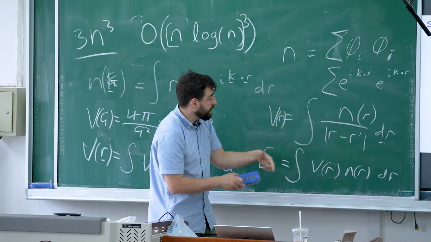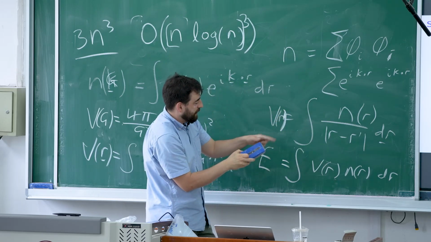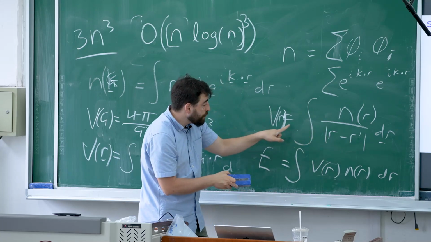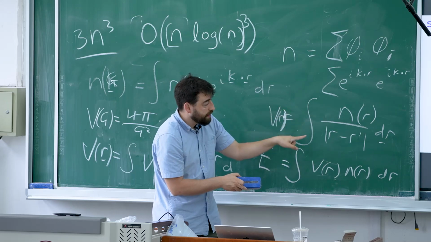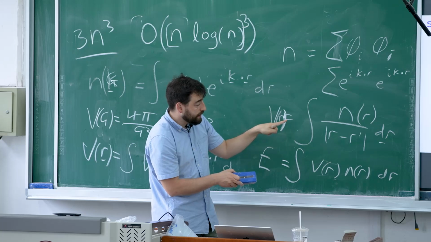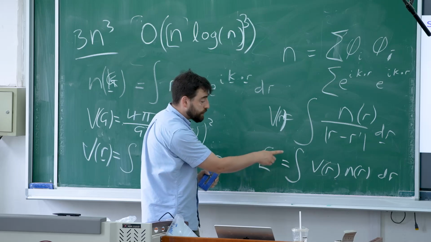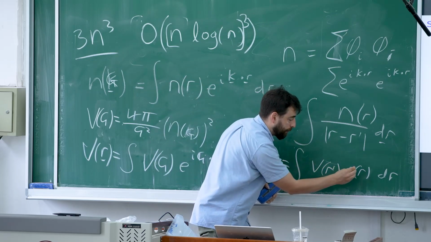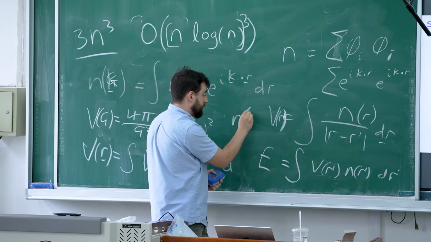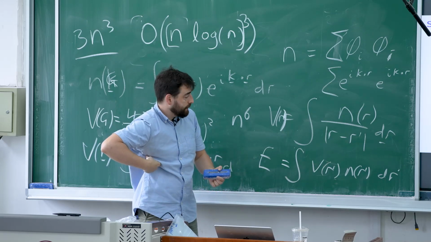And what you can see is that I have an R primed here. So for every point R primed, I need to do this n cubed integral. So to get every point R primed, I need to do one n cubed integral. So in total, to get E, I need to go over every R primed point. So the whole thing is n to the 6 scaling, right? Do you get that?